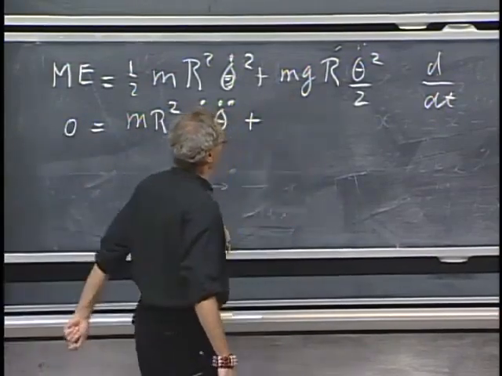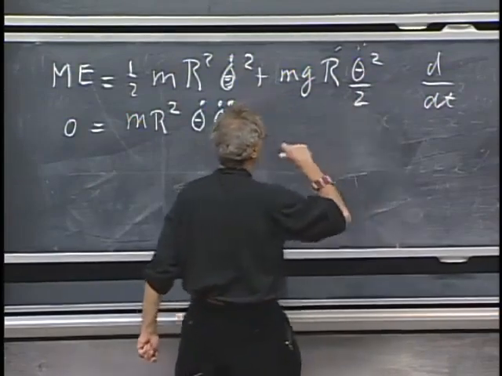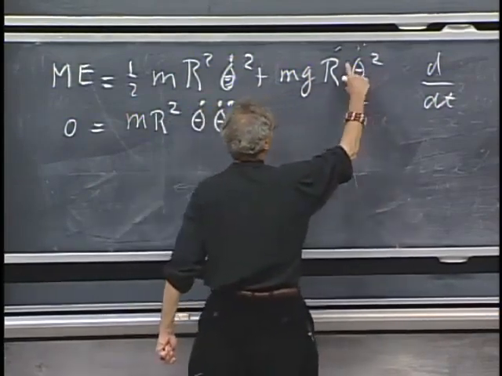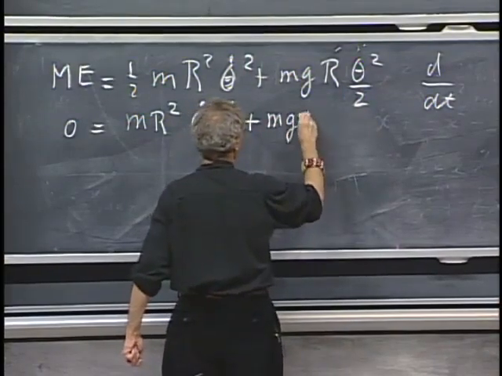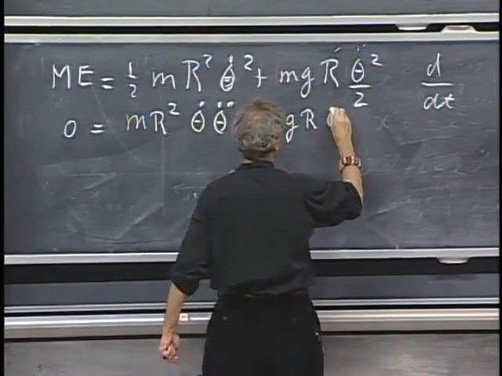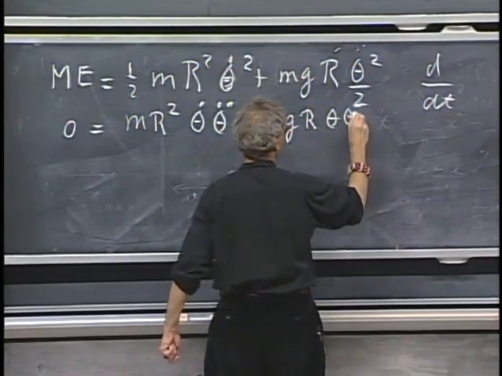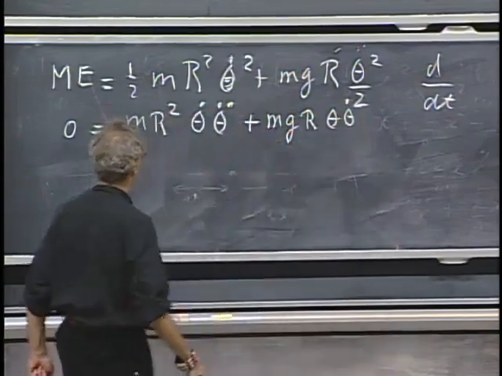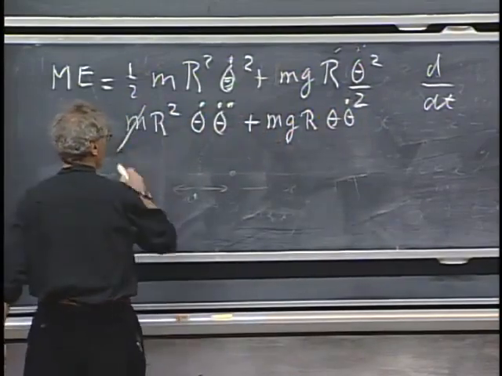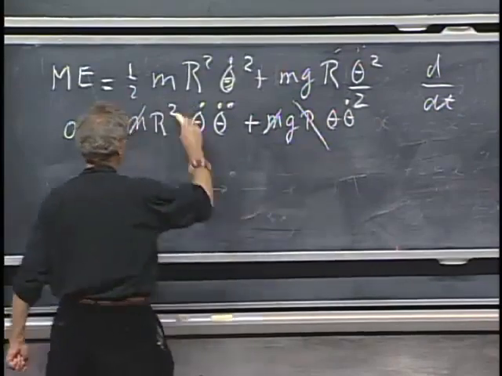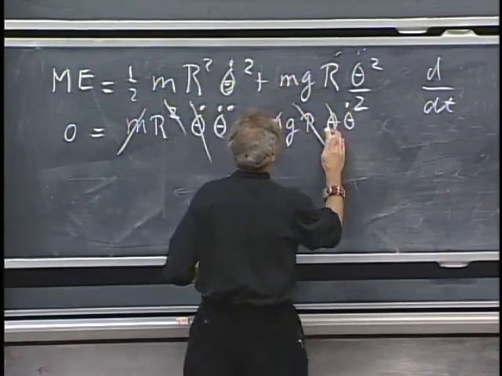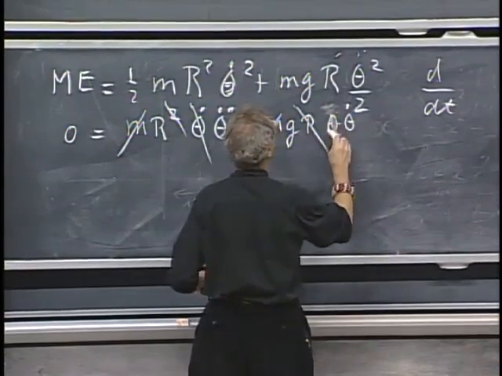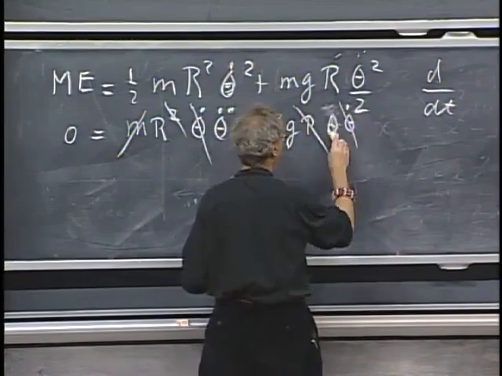So I have to take the derivative of this one. The 2 flips out, which eats up this 2. So I get mgr, and then I get a theta, but the chain rule gives me a theta dot. I lose my m. I lose 1r. I lose my theta dot. I picked the wrong one. I lose my theta dot, not the theta.